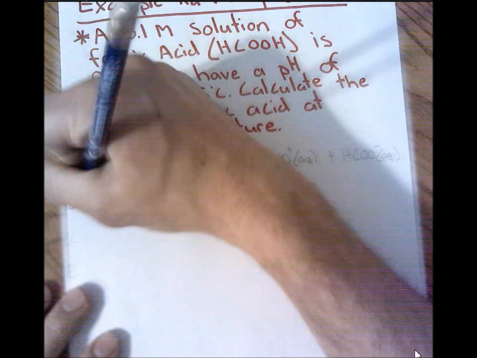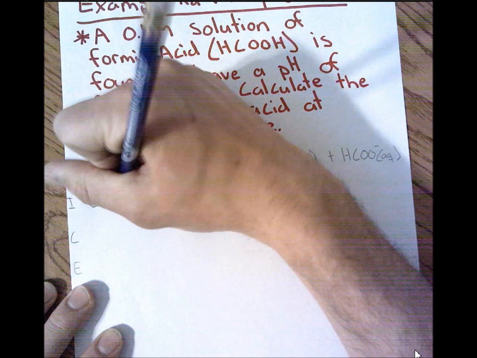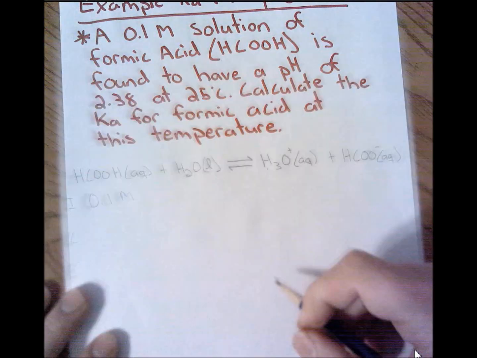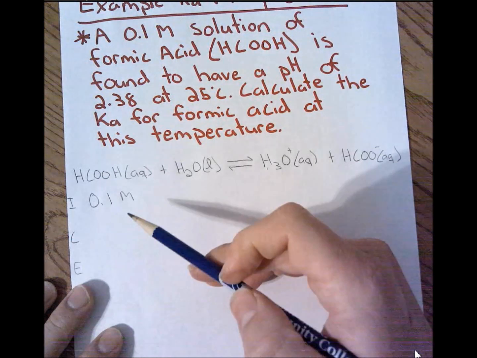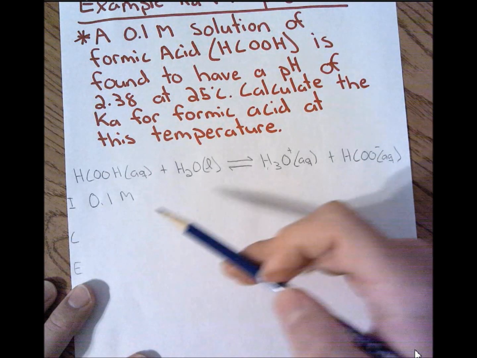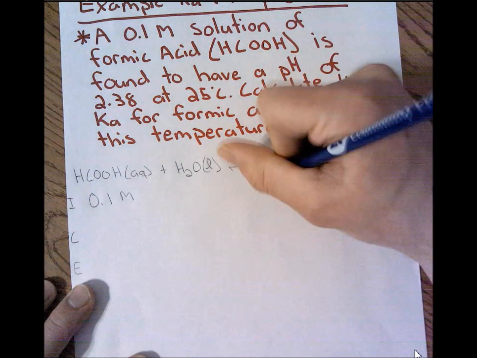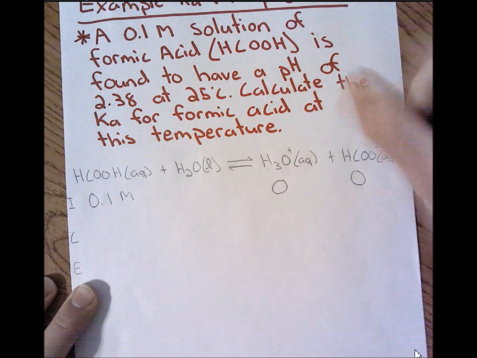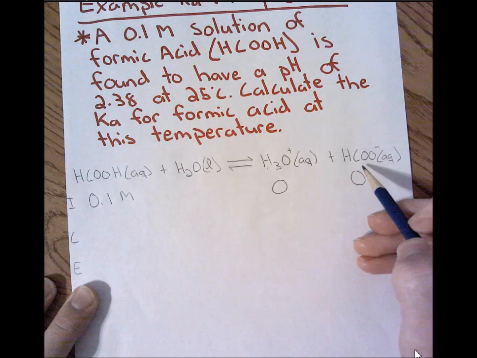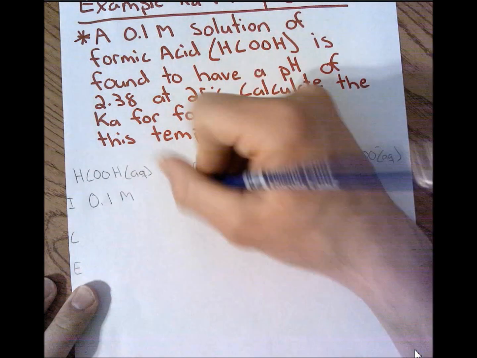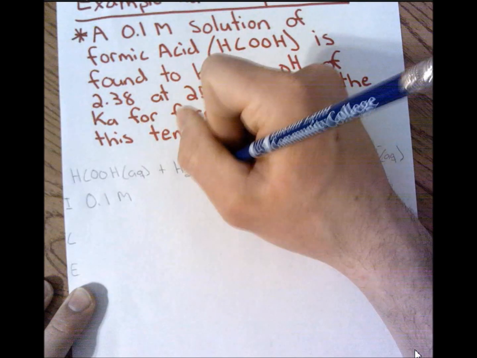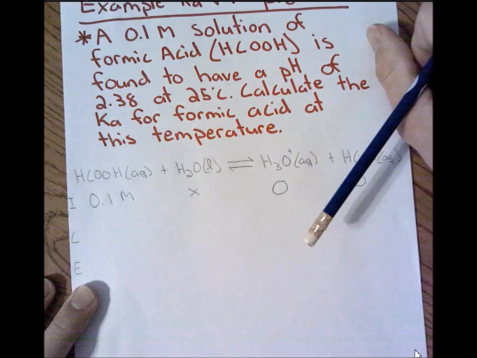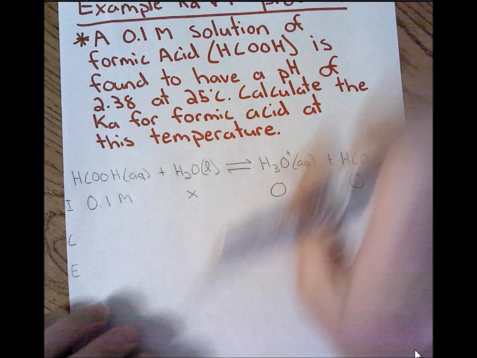Initially, this is 0 of our hydronium or our formate ions. Now, H2O, because it's not going to be in our Ka, we don't need to worry about it. You can just leave that alone, and actually an X is not a very good term. Let's use just a dash mark, all right? So we don't need to worry about H2O.